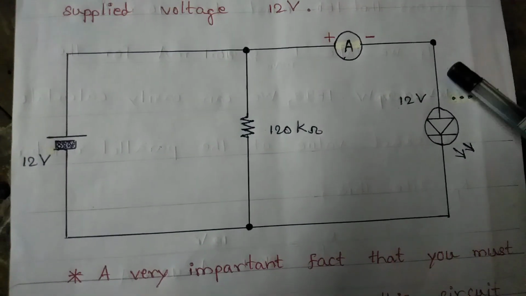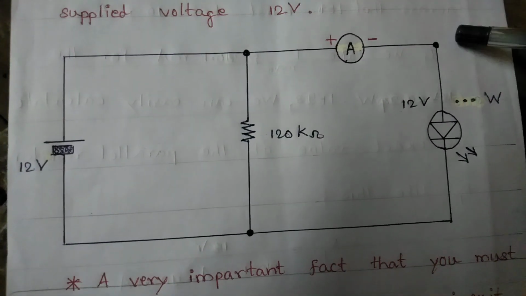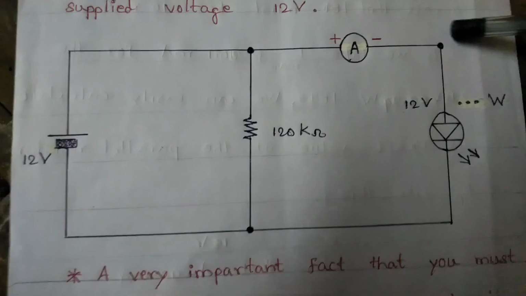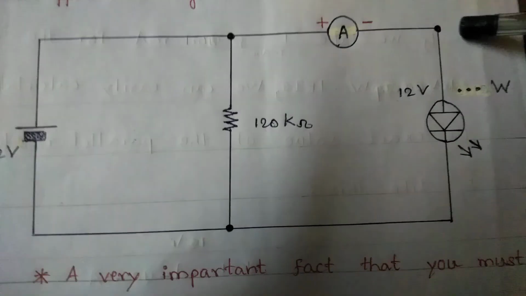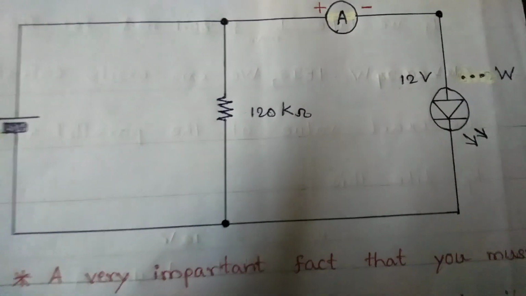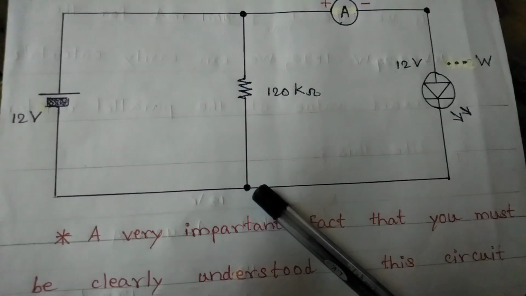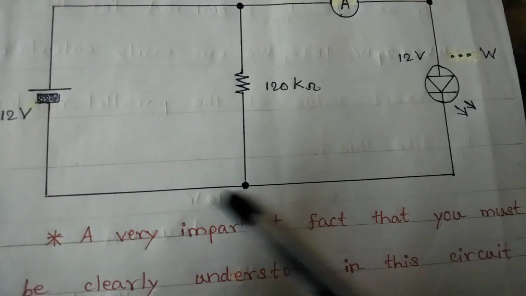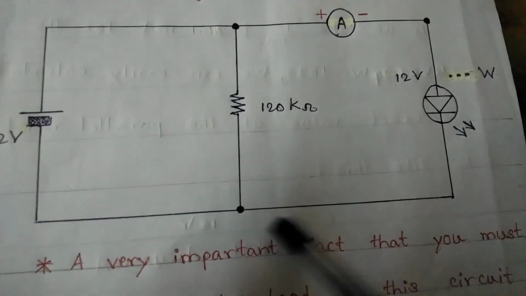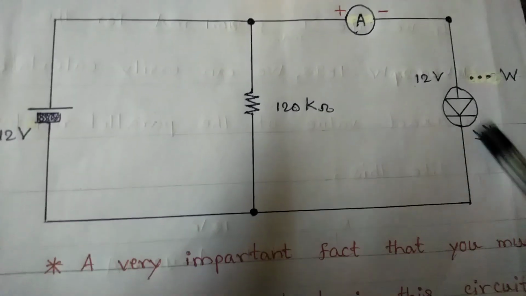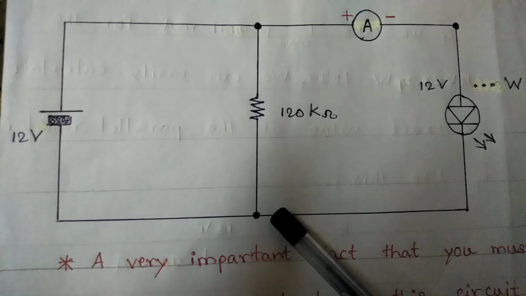You see this point: the negative terminal of the ammeter and the anode side of the 12 volt LED are connected. This one, you see, is the other side of the 120 kilo-ohm resistor, the negative terminal of the 12 volt battery and the cathode side of the LED, all connected together.